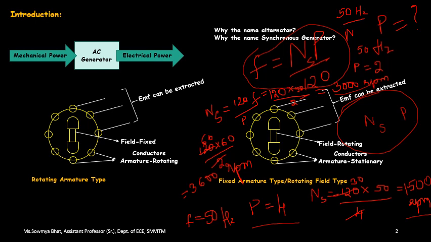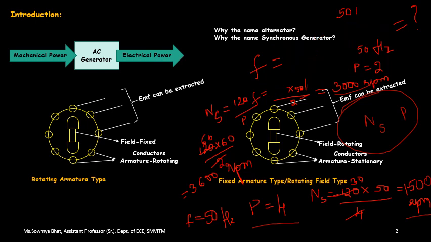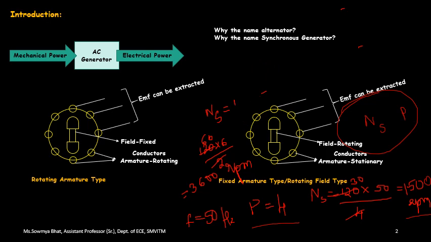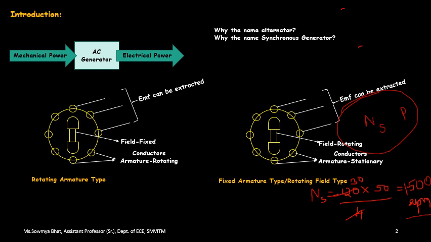Now let me brief you about what the main parts of an alternator are and what the different types of alternator are. As you already know, just like your DC machine, a synchronous generator or alternator also has two main basic parts: a stator and a rotor.